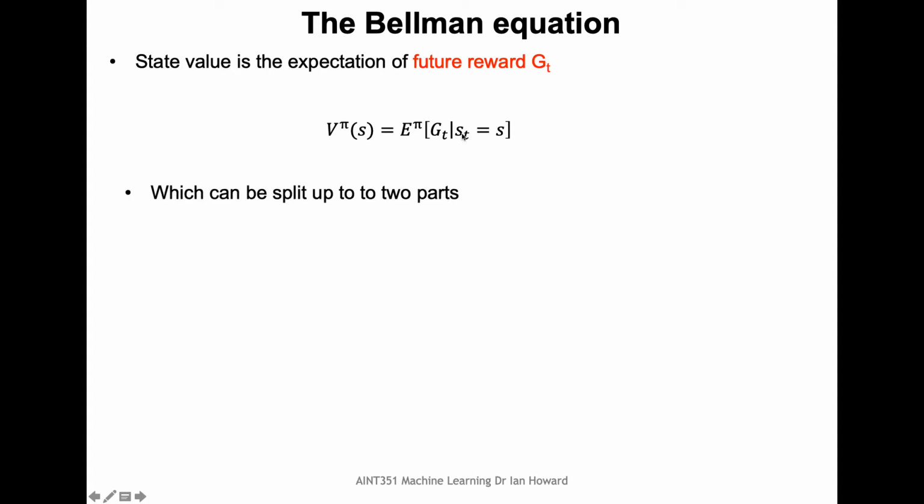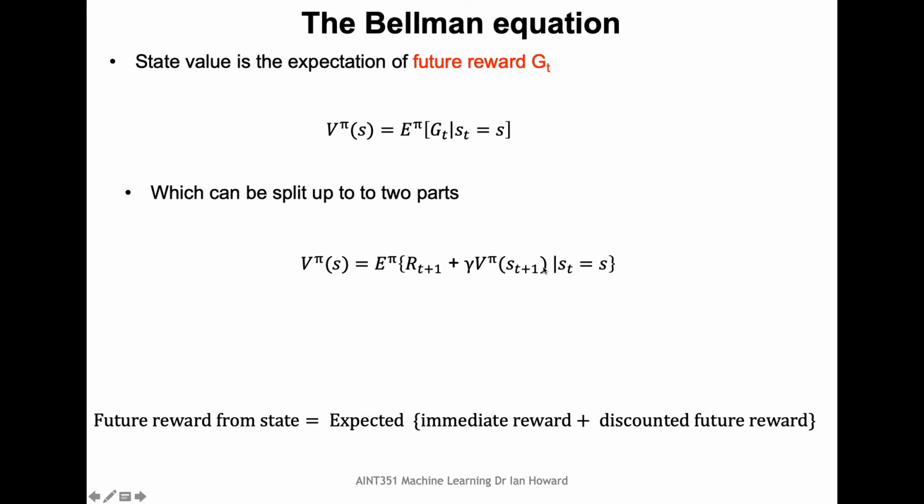And this expression can be split into two parts. So in terms of what's inside the expectation, we can basically split it into an immediate reward and a future reward. So just go through the terms one at a time then.